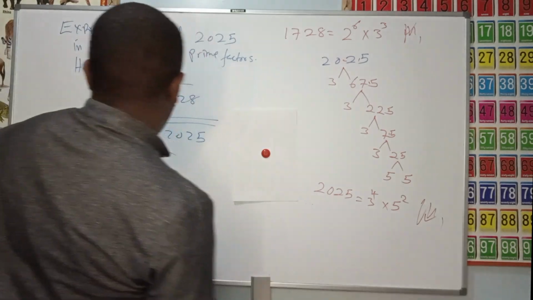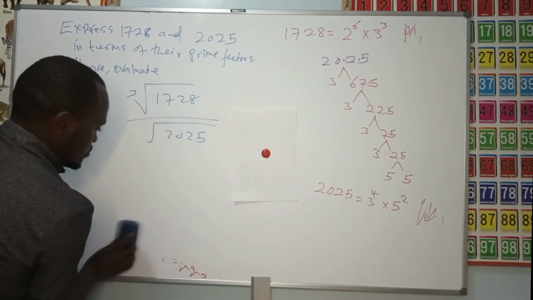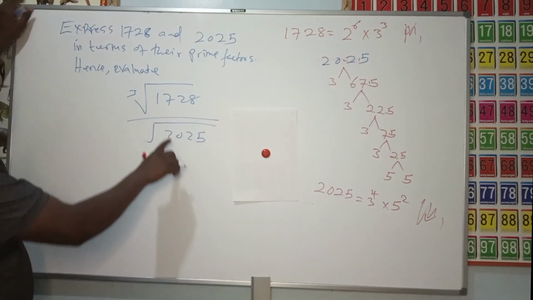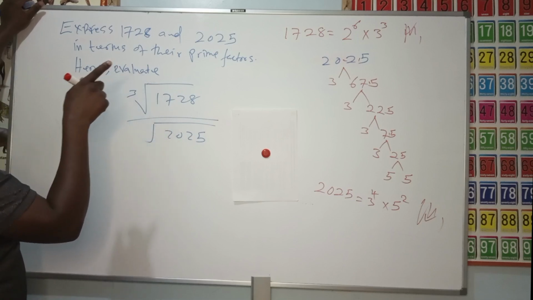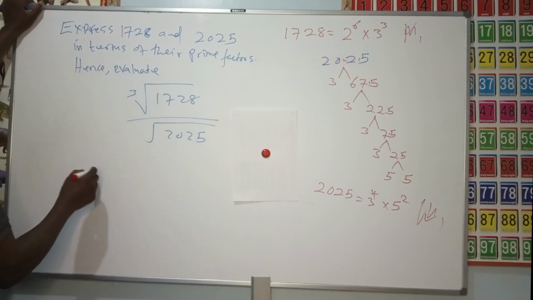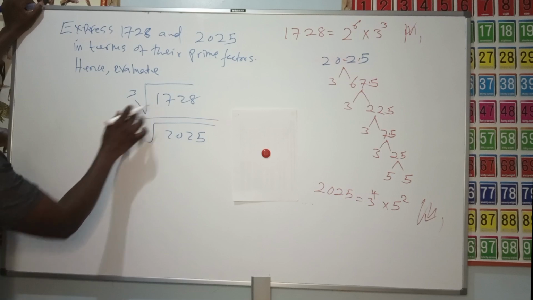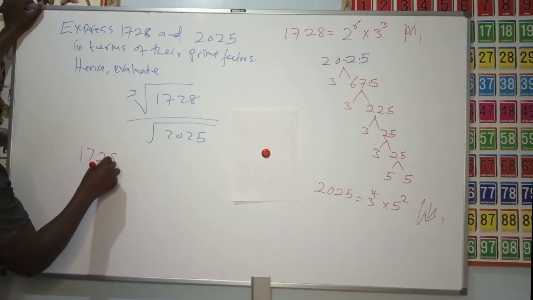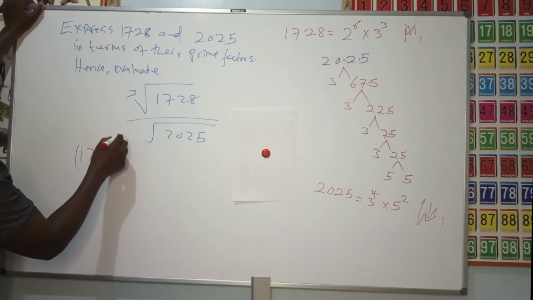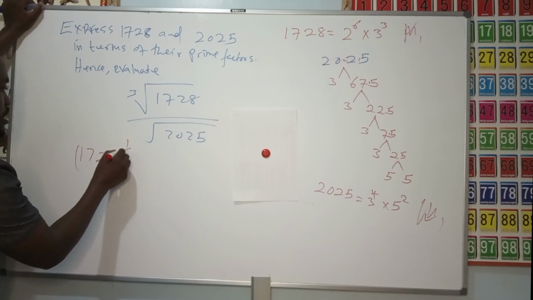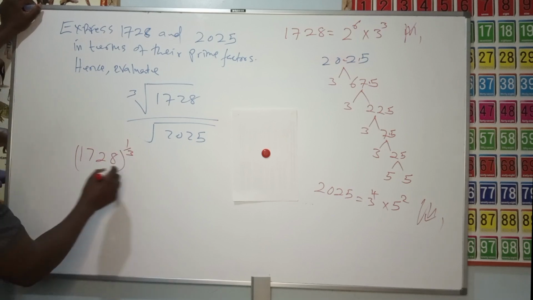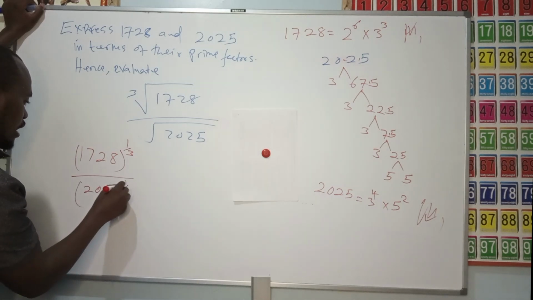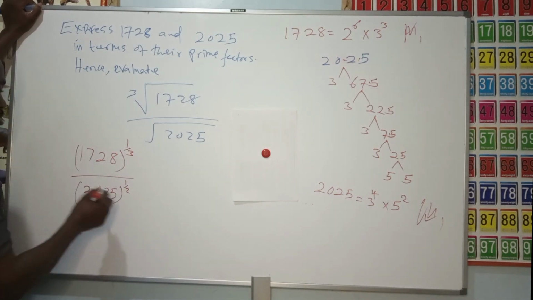So, let us delete this part. Now, this one, you can write in terms of its prime factors. I know you know that the cube root of 1728 can be written as 1728 raised to 1 over 3, and the square root of 2025 can be written as 2025 raised to a half.